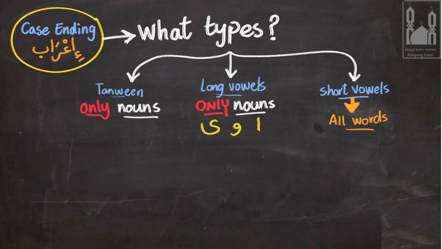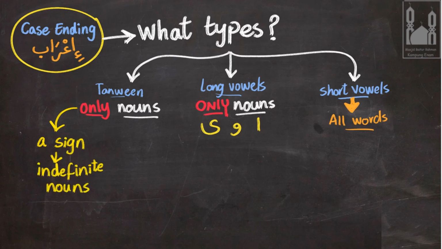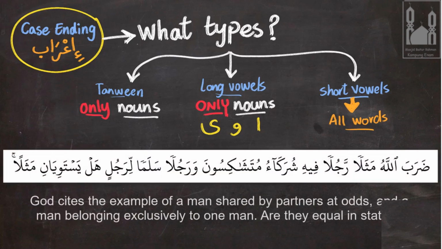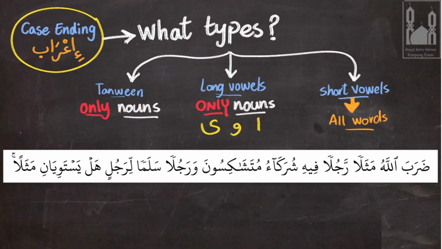Last is the tanween, which occurs exclusively with nouns as well. It is also one of the most important signs for indefinite nouns. Like in this example, ضرب الله مثلا رجلا فيه شركاء متشاكسون ورجلا سلما لرجل هل يستويان مثلا.